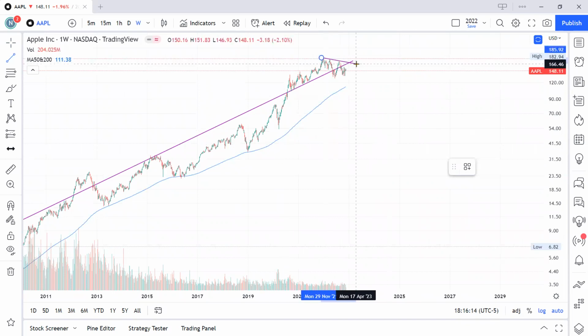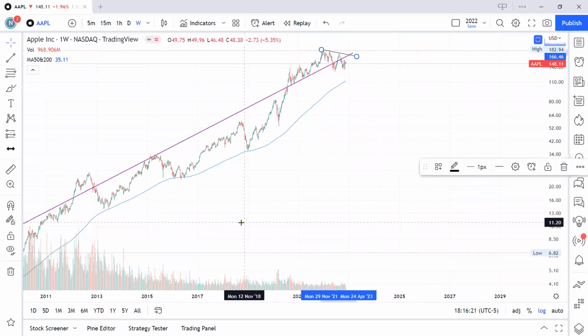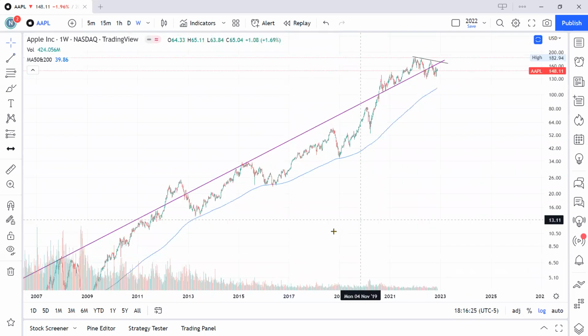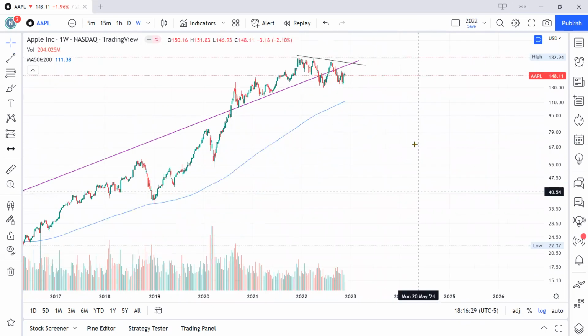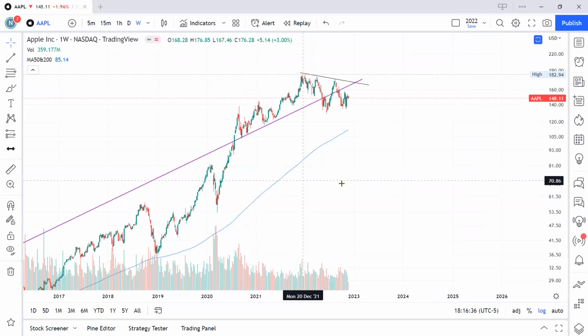Additionally, I use a purple trend line for something that's many, many years long. This way, I can readily see where price might really meet resistance or support.